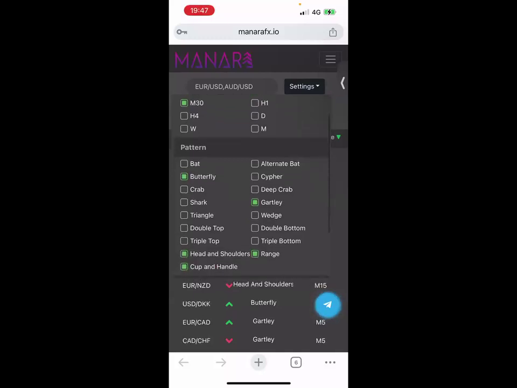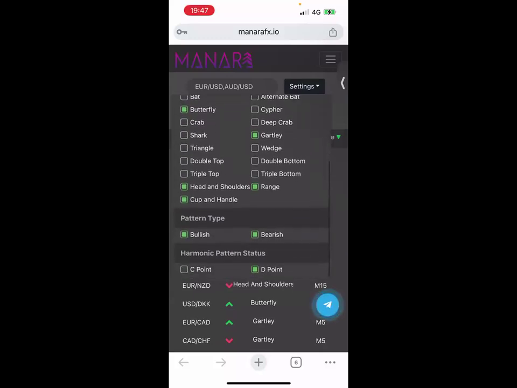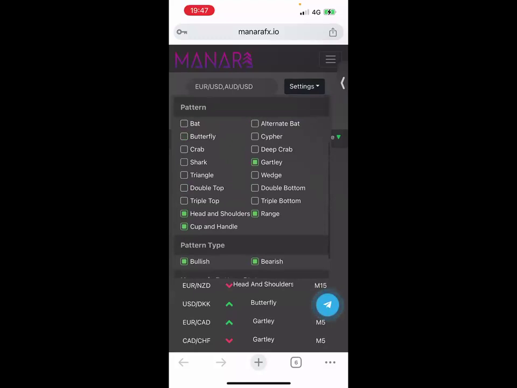Amazing. Pattern type. Okay, so turn off butterfly. Turn on bat. Turn off head and shoulders, range, cup and handle, and turn off everything except bat and gartley.